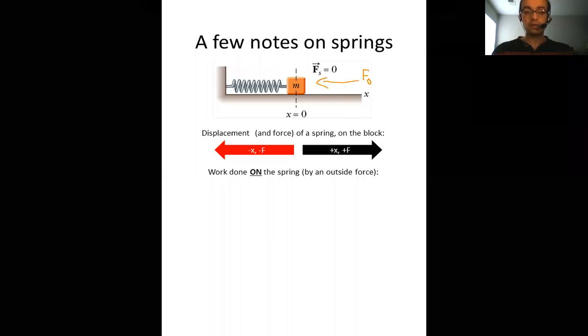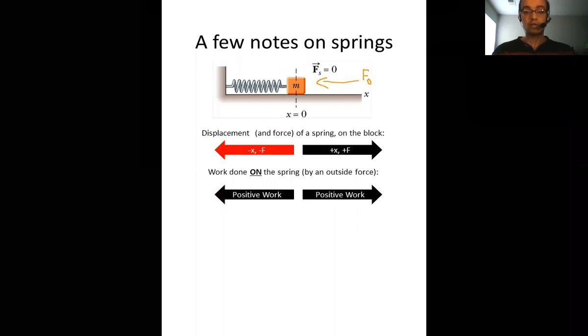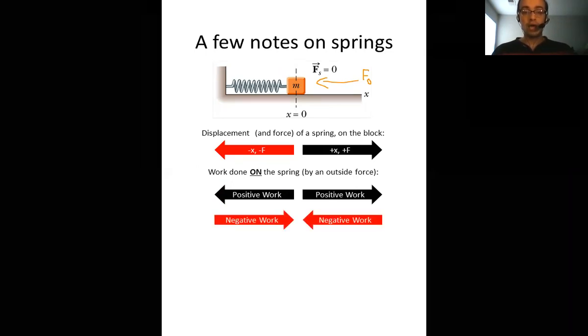And by convention, if you have work that is displacing this block from the 0 position or further away from the 0 position, that is called positive work on the spring. So if this mass is going to the left or to the right from this 0 position, if it's going outwards, that is considered positive work. Whereas if this outside force is doing work that brings the mass back towards the center, back towards the 0 point, that is considered negative work.